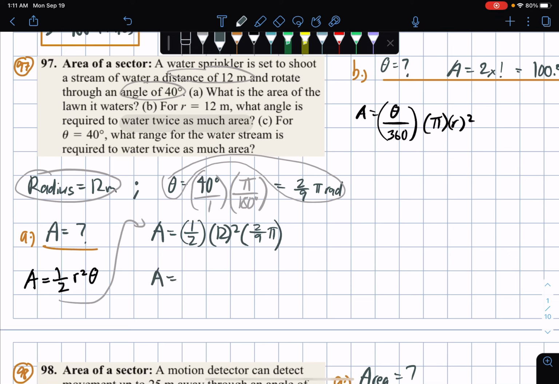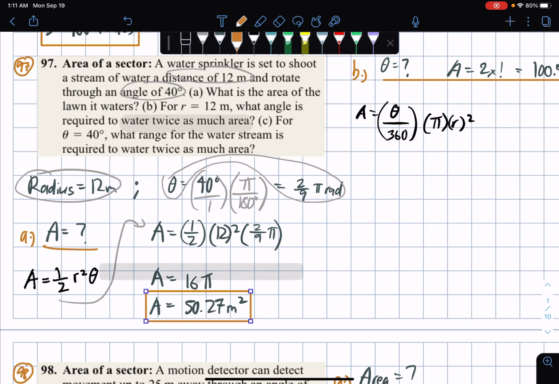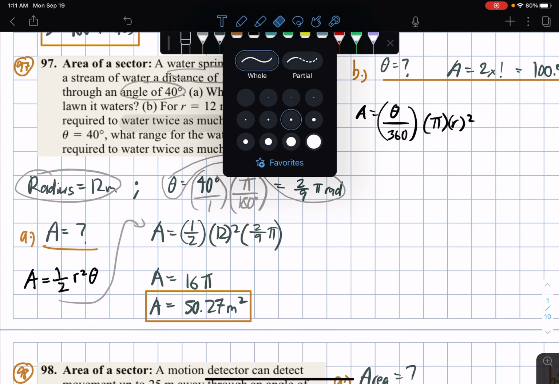We put all these values in the calculator, and our answer is 16 pi, or in decimal form, 50.27 meters squared. There we go. Let me just erase here for a while.